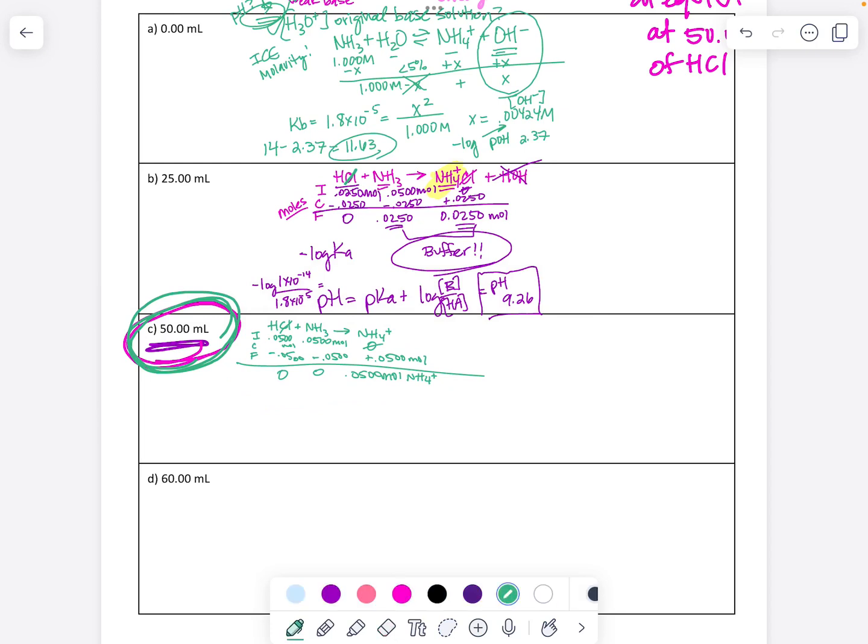So I want to write that hydrolysis of NH4 plus with water. And in water, this is an equilibrium, and it's going to make H3O plus, and it's going to make NH3.